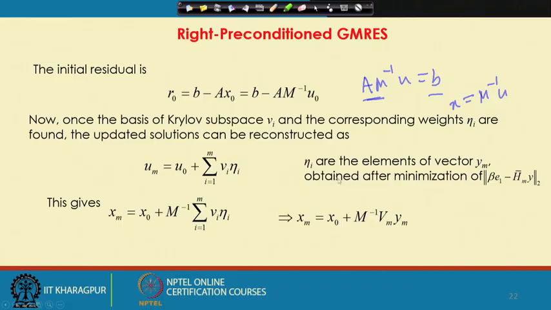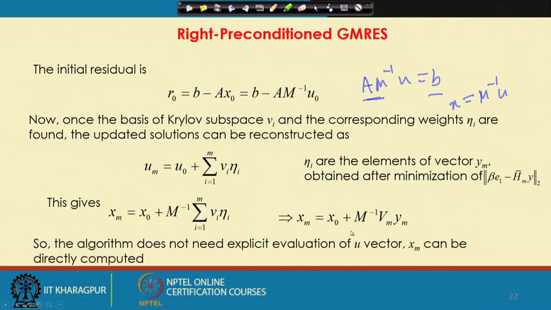Here also we do not need to explicitly evaluate u, rather we can directly find out x if we have found the basis vectors of the Krylov subspace of A M inverse and r. The algorithm does not need explicit evaluation of the u vector, x m can be directly computed using this.